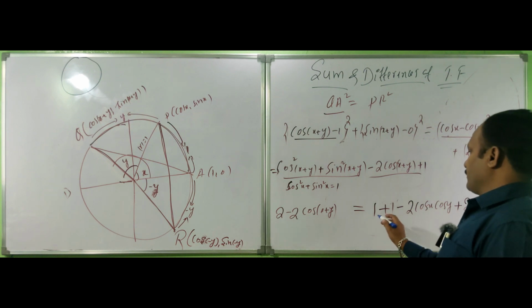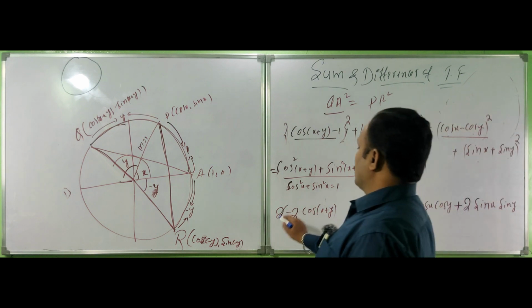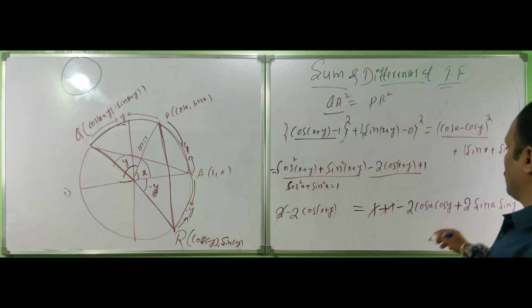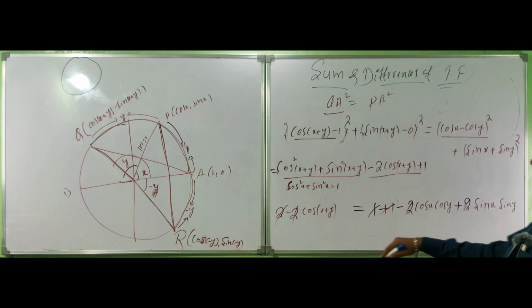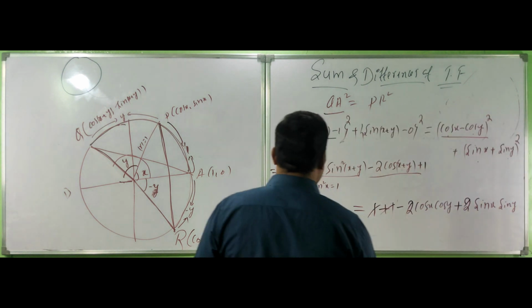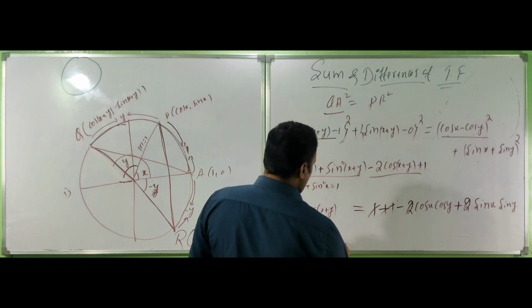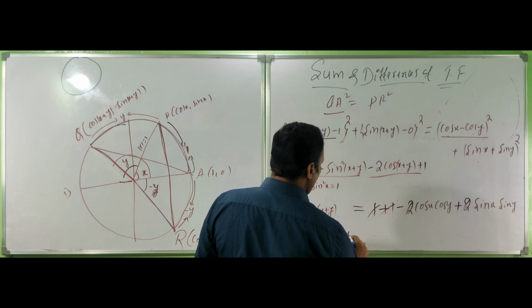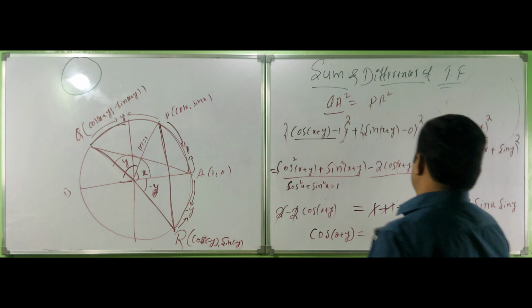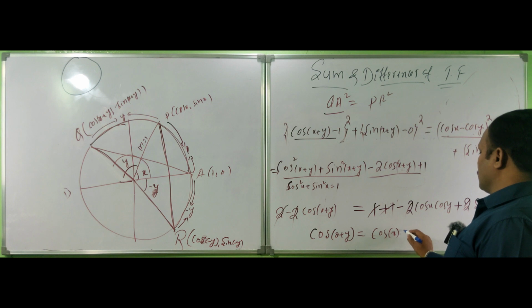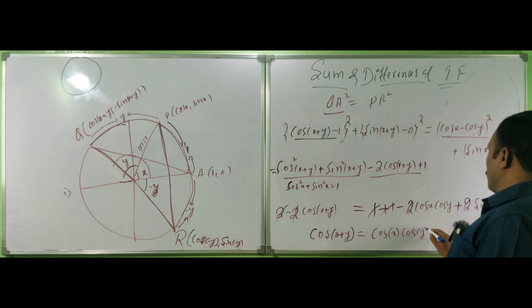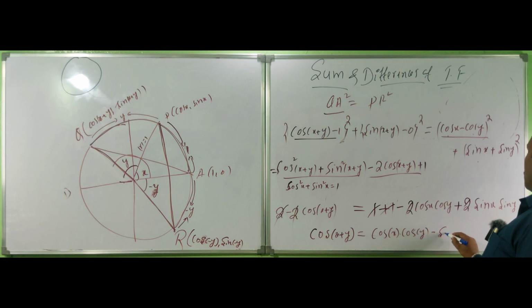The 2 and 2 get cancelled. Again 2 is common here, it gets cancelled. The minus sign is there, I am sending the minus sign to this side. So cos of x plus y is equal to cos x into cos y minus sin x into sin y.